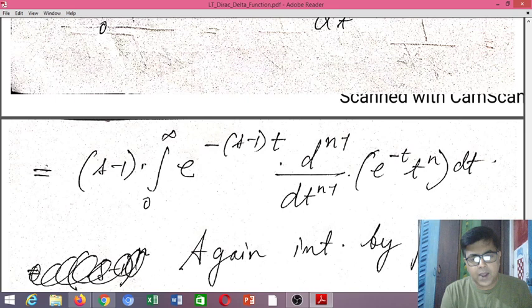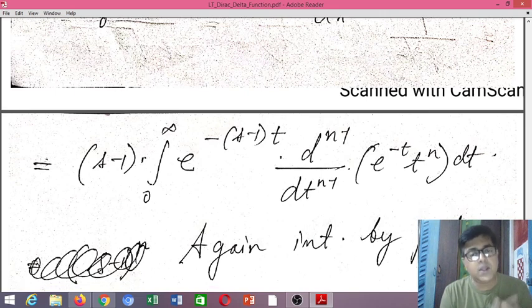In fact we have to integrate by parts n minus 1 times, and you'll get a very similar result because there's an exponential function over here. So things are pretty easy for you. Unless you do it n minus 1 times, you won't be able to get rid of this derivative.